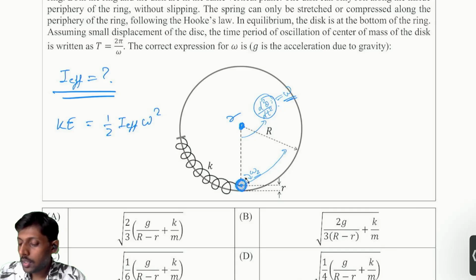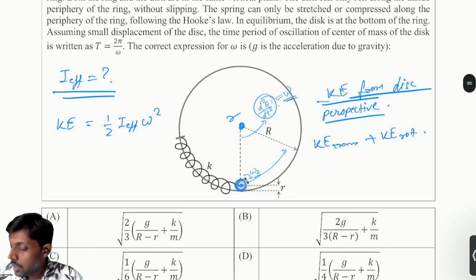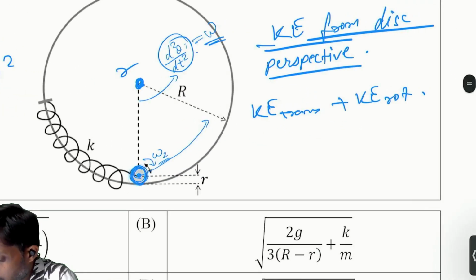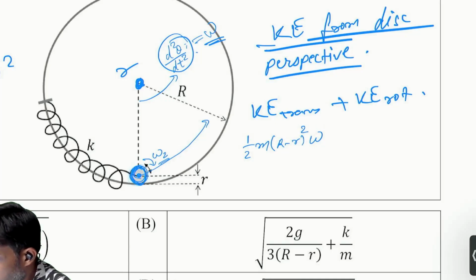Then we can write the kinetic energy of the system from the perspective of rotation of the disk itself, which is going to be kinetic energy translational plus kinetic energy rotational. Kinetic energy translational is half mv square, where this v is nothing but (R minus r) into omega square.